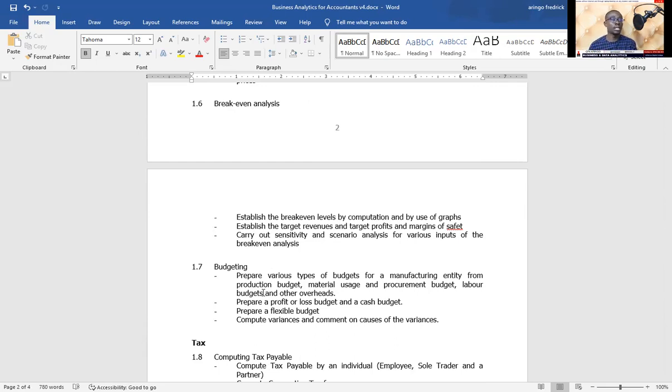Yes, you factor in the concepts of inflation and all this, but at times, more so when we are exporting or importing, you can't estimate the exchange rates. And this is where I'll be having the concepts of exchange gains and exchange losses.